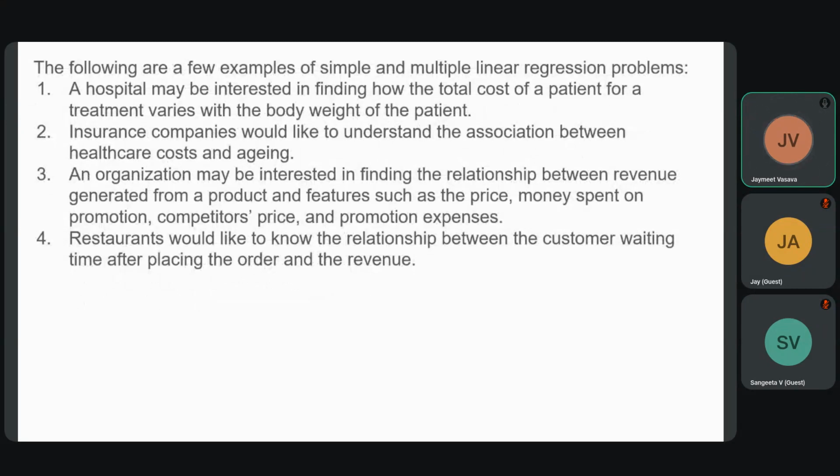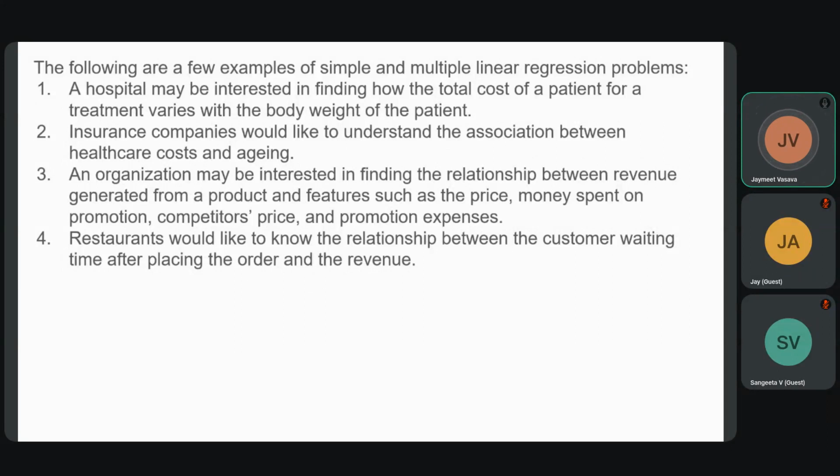Some of the other examples for simple and multiple linear regression are a hospital interested in finding out how the total cost of treatment for a patient varies with the body weight of the patient.